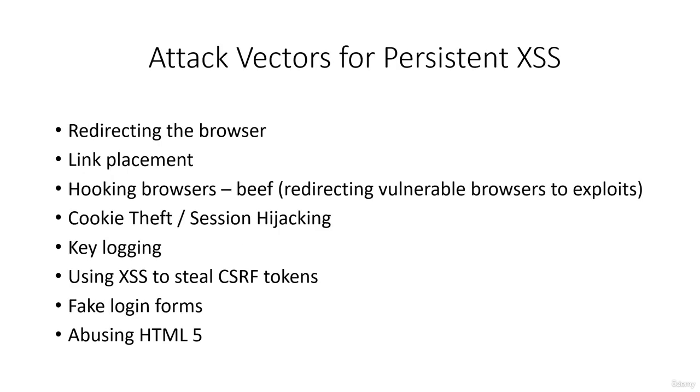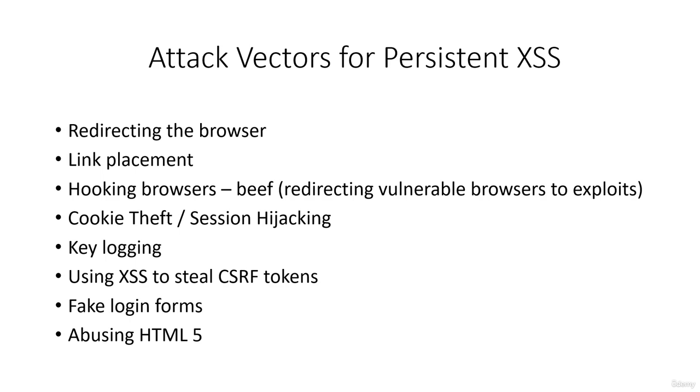Attack vectors for persistent XSS. An attacker can execute JavaScript of their choosing on the victim machine. Therefore, XSS can be used to execute a number of security risks and can be used in combination with other web vulnerabilities to exploit a higher severity security vulnerability.